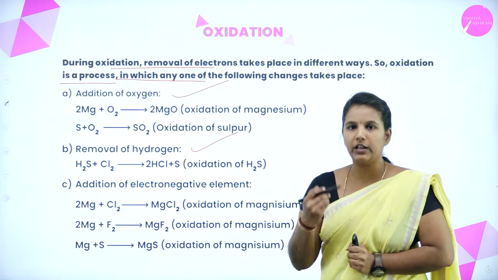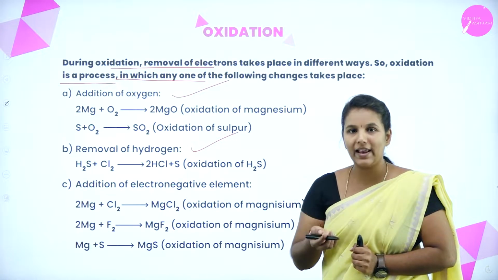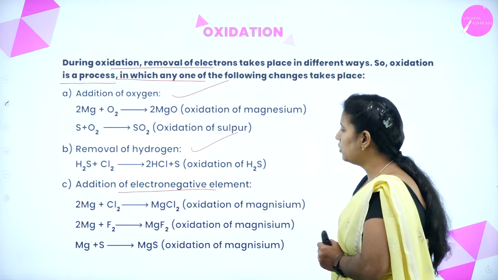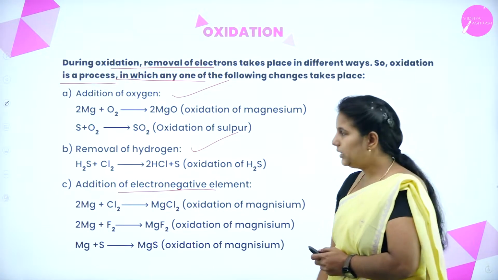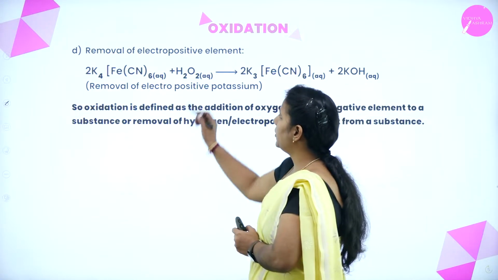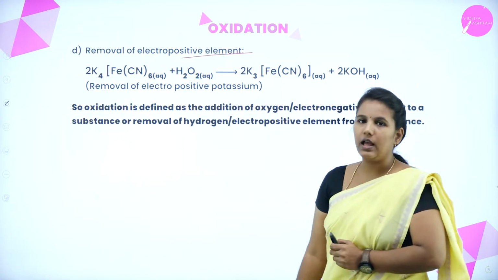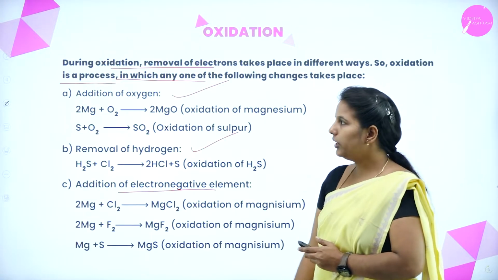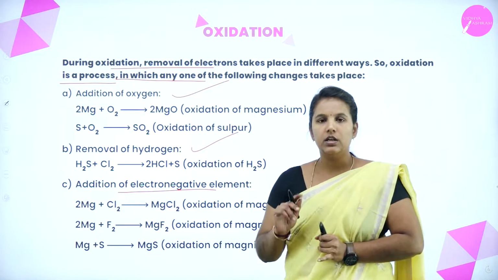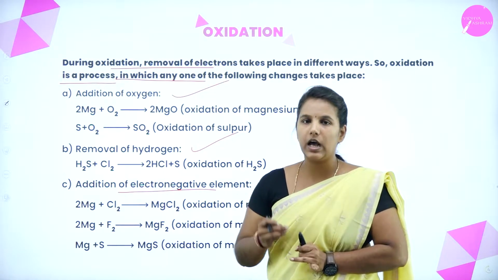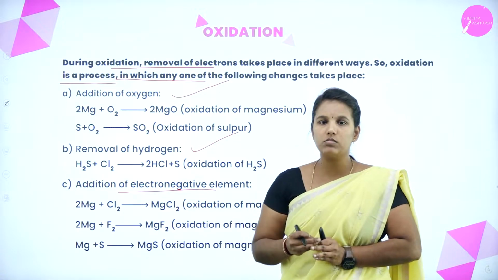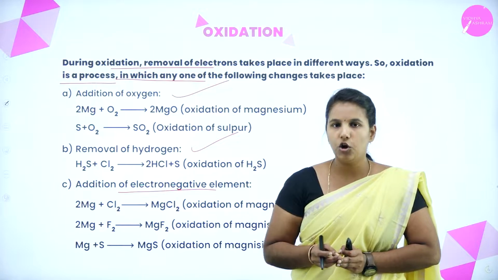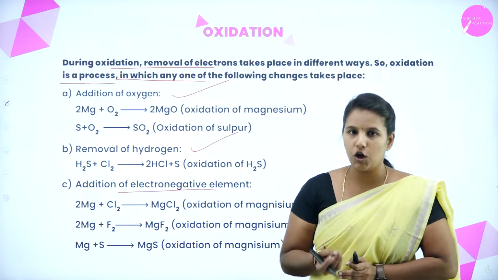If I define oxidation in terms of electrons, it is the addition of an electronegative element, or in terms of an electropositive element, the removal of an electropositive element. So we can define oxidation in terms of oxygen, hydrogen or electrons. Hope you all understood what oxidation is.